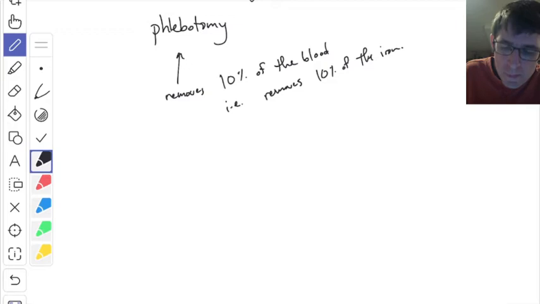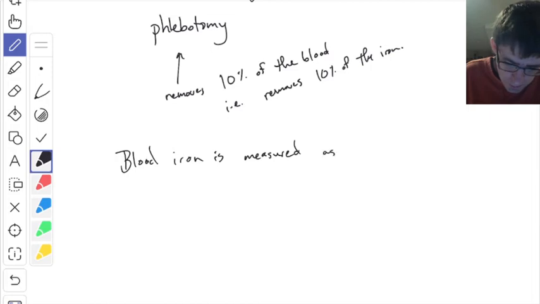Anyway, the actual measurement that they use to measure how much iron is in the blood. So blood iron is measured as what they call the Serum Ferritin level.